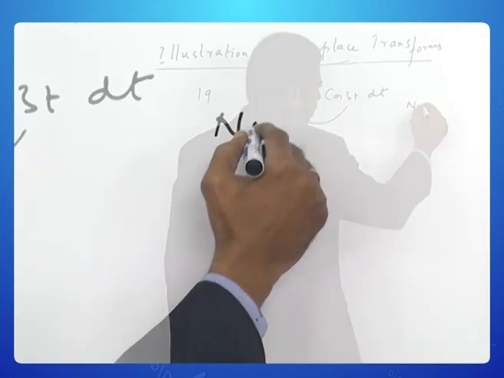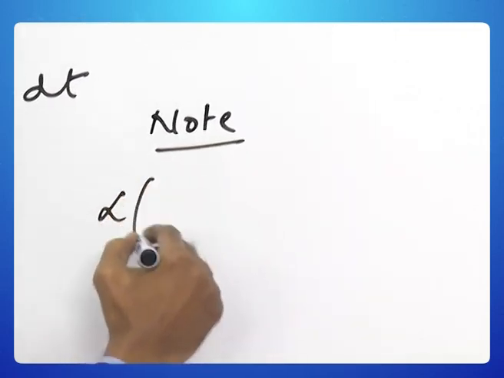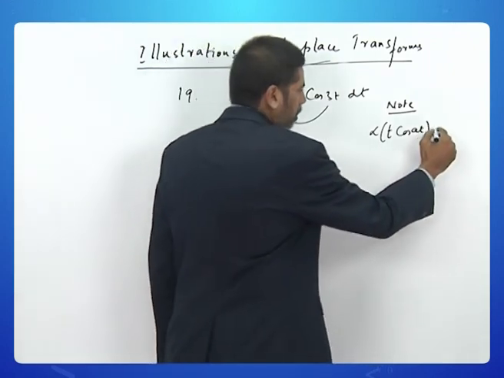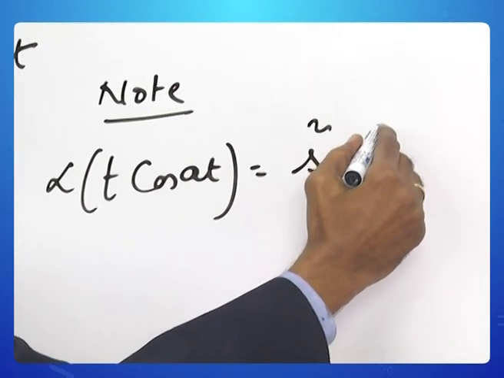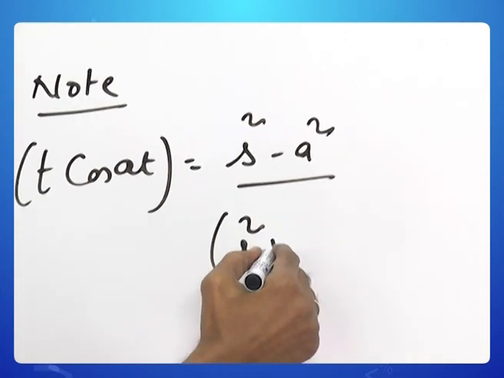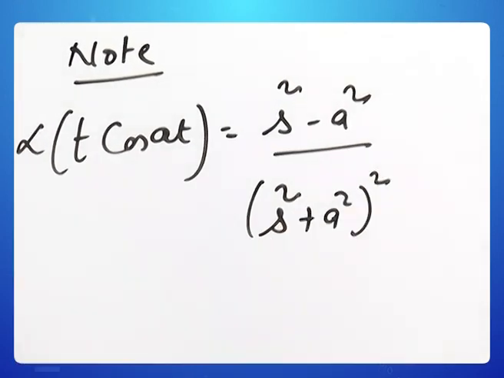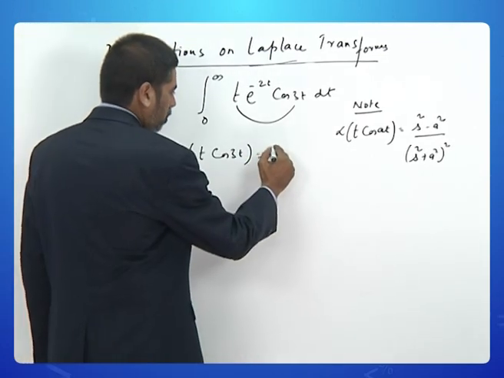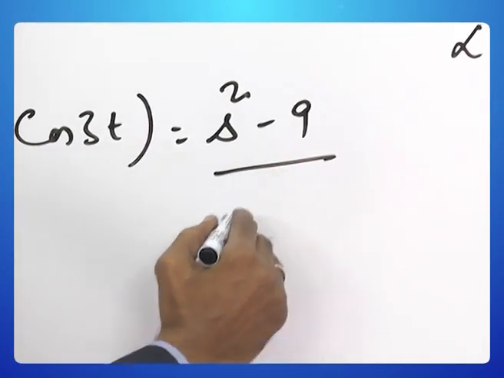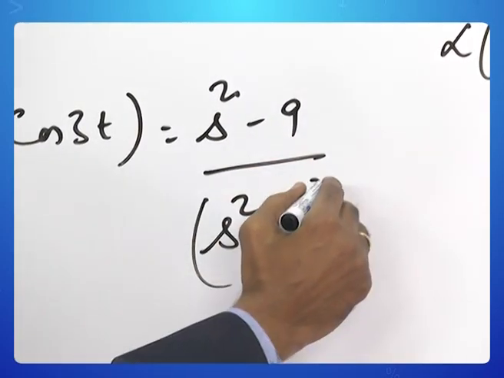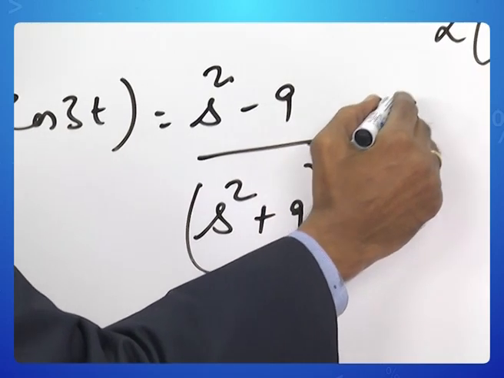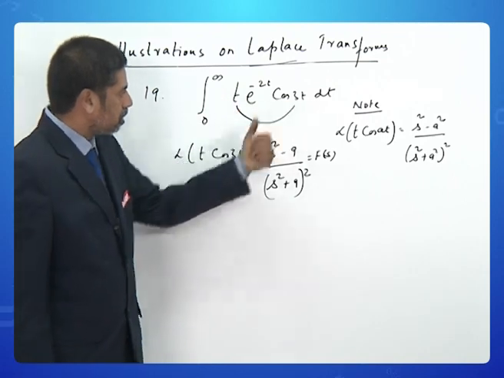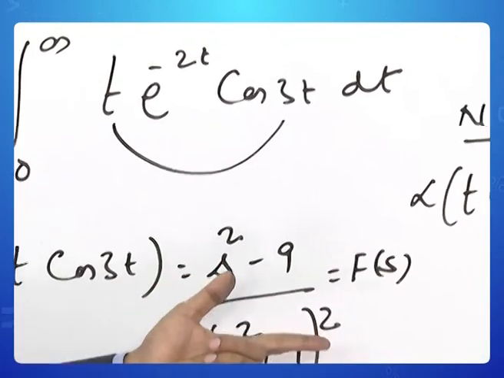So for your reference, the Laplace transform of t cos at will be s square minus a square by s square plus a square whole squared. Use that in this context and you will get s square minus 9 by s square plus 9 whole squared. You call this f of s. So we took this function t cos 3t, found the transform.